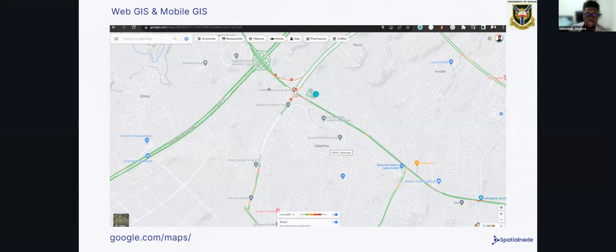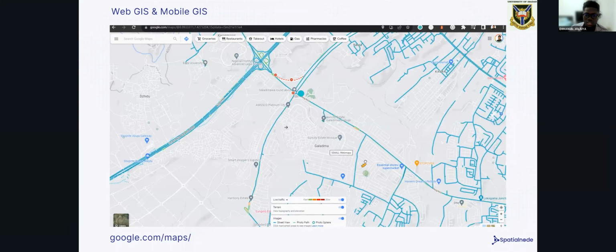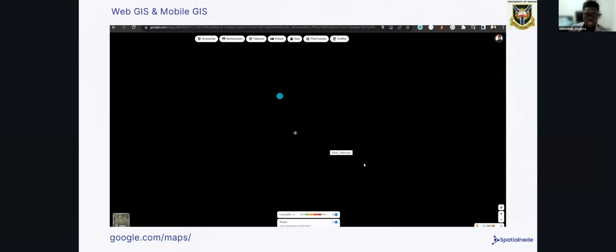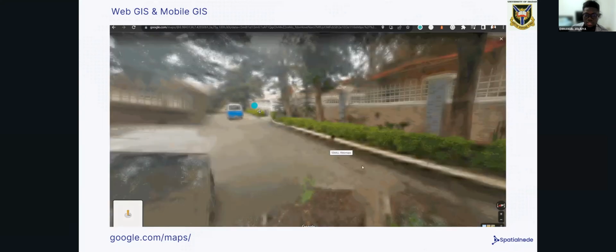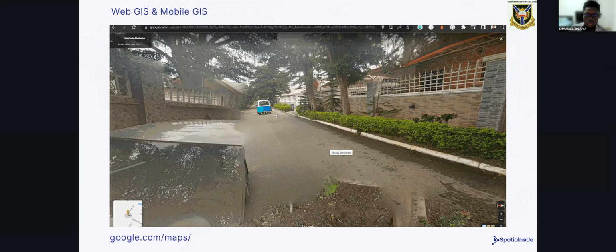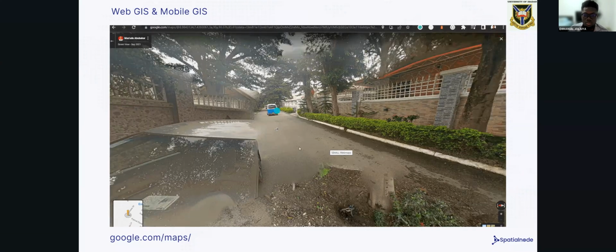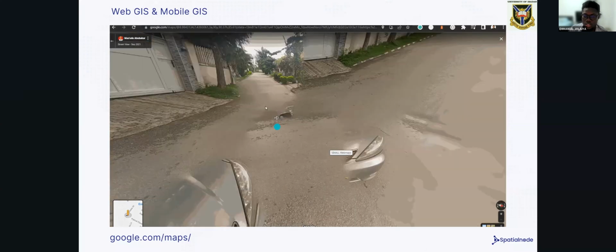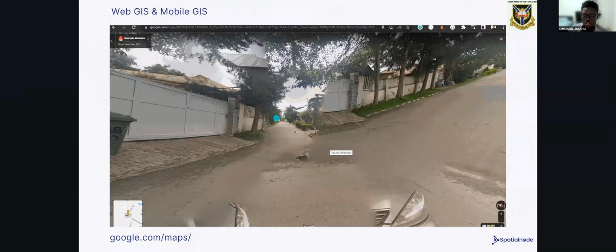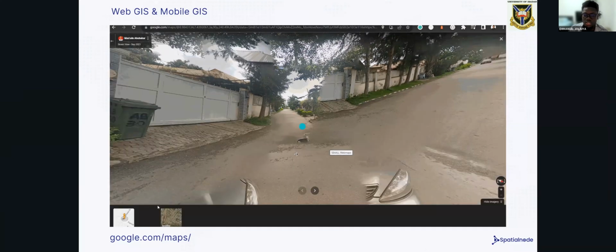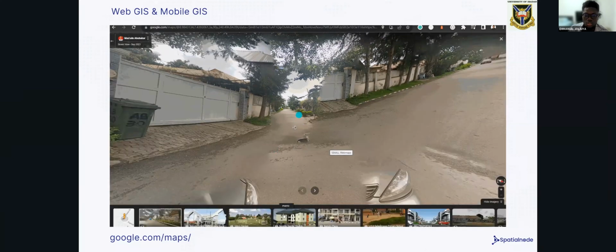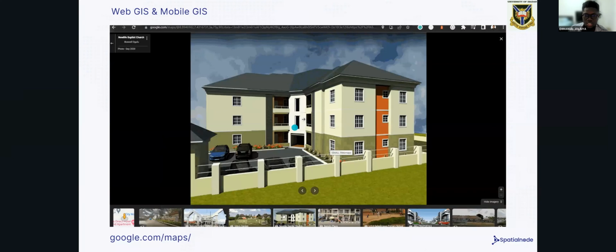Under the hood, what Google does is get your current location and then draw an imaginary boundary around you, say of 50 kilometers or 100 kilometers, and then search within the database for points of interest that fall within that imaginary boundary. And then Google will render it to you on Google Maps to show you, okay, these are the results.